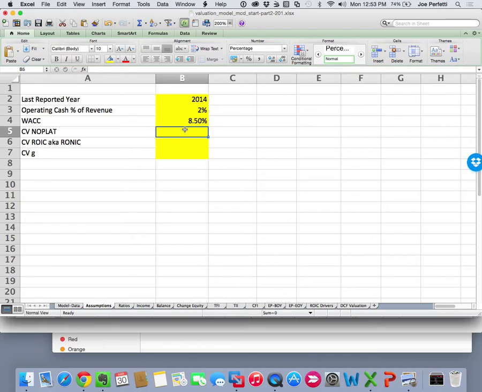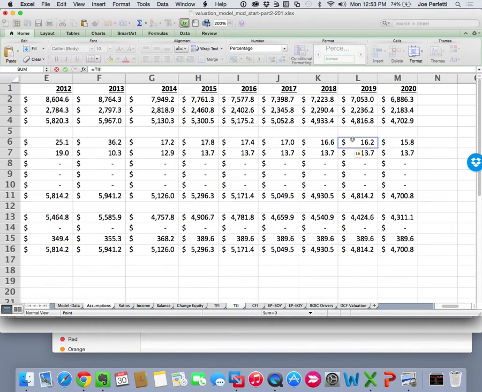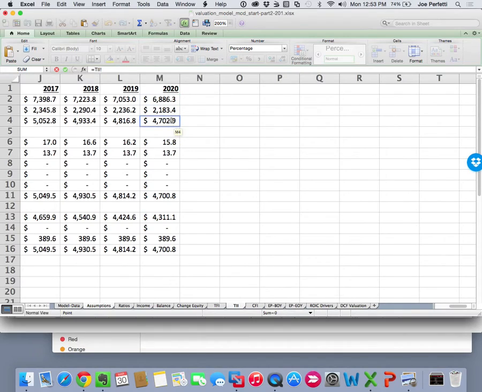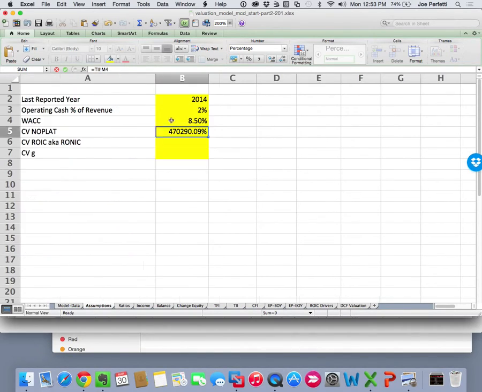So my continuing value NOPLAT is going to equal, from my 2020, so that's row 4, NOPLAT, 2020 forecasted NOPLAT. Right?